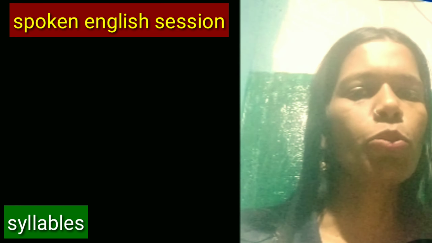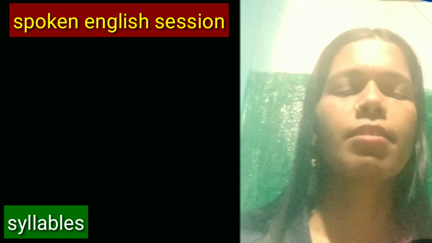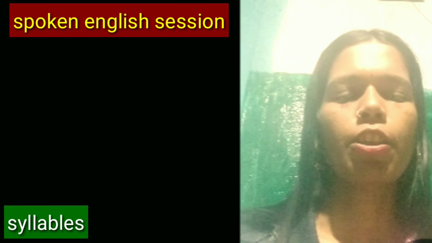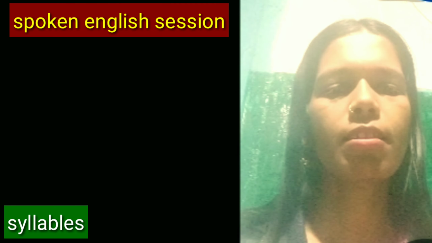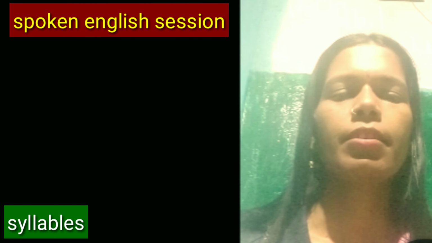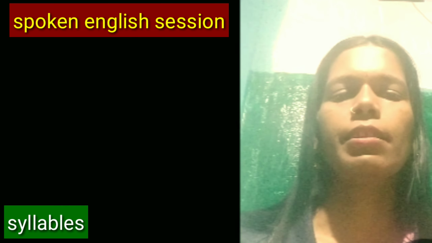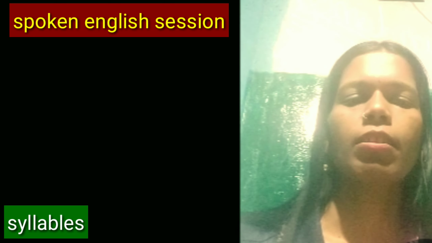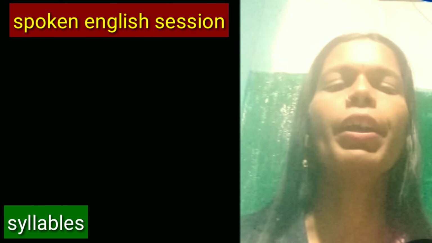And if you are aware of the syllables in a word, you can pronounce the word very clearly, and when someone is listening, the other person will hear you very clearly and understand.